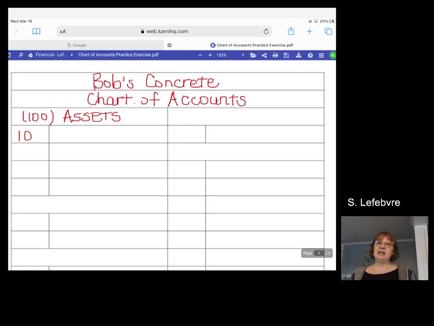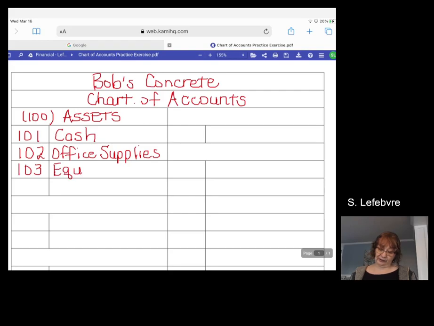And what we are going to do is our first account then will be 101. And that's always going to be cash. And then we can go to our next asset account, again starting with 100 and showing that it is the second one, we'll put the number 2, is office supplies. And then our third, again, asset starting with 100 will be equipment.